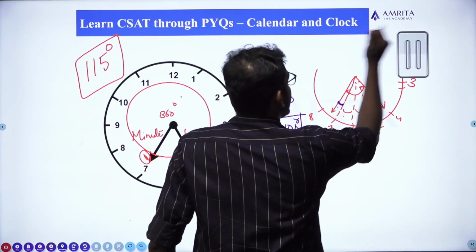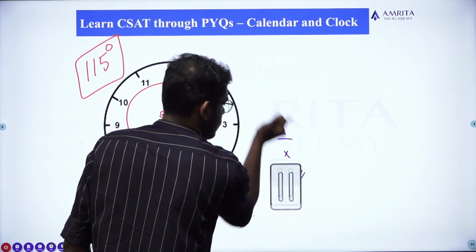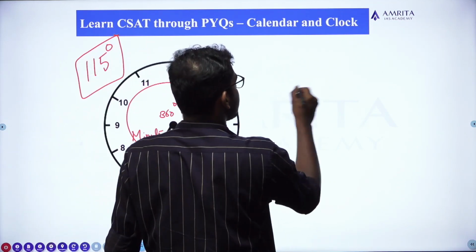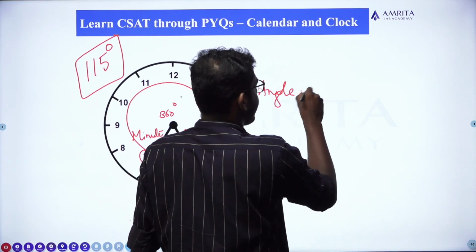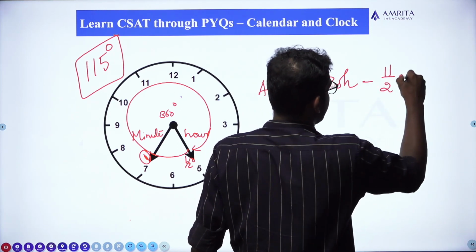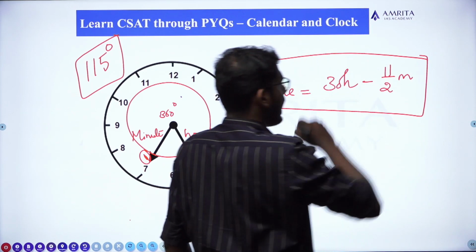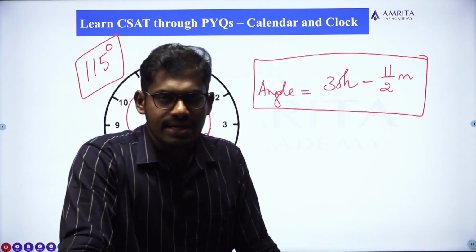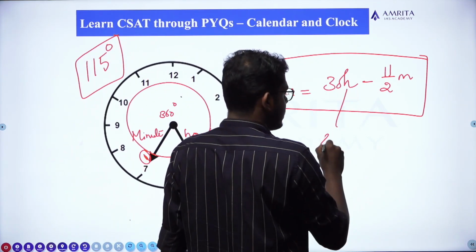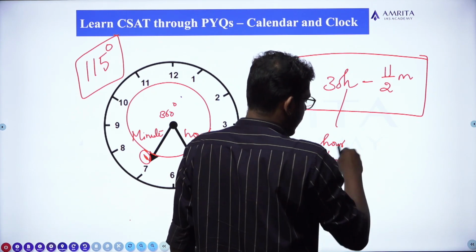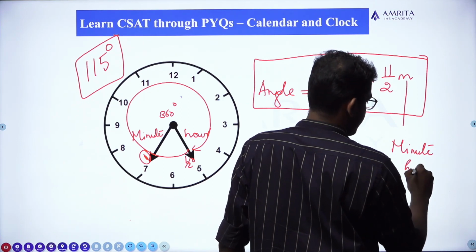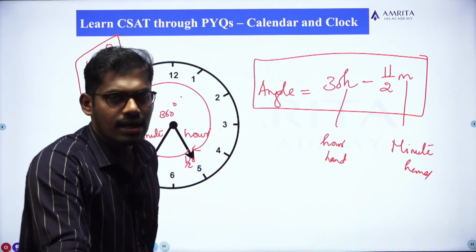The other idea which the coaching institutes often prefer is that the angle between an hour hand and minute hand can be found by using the formula 30h minus 11 by 2m, where h is the hour hand and m is the minute hand.